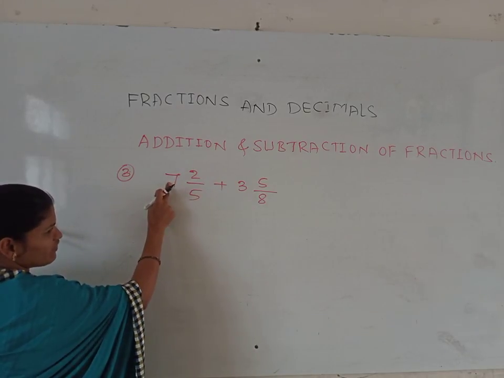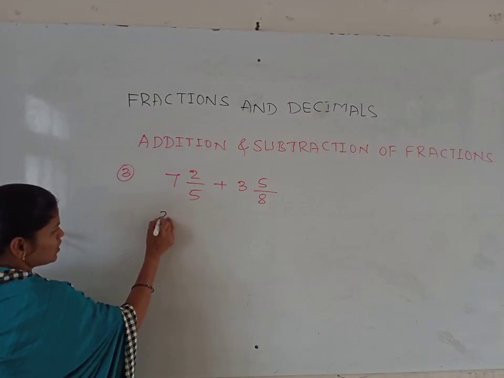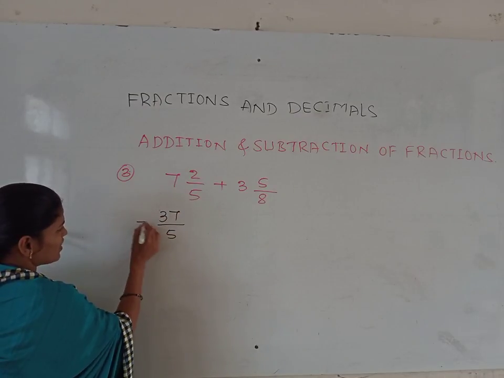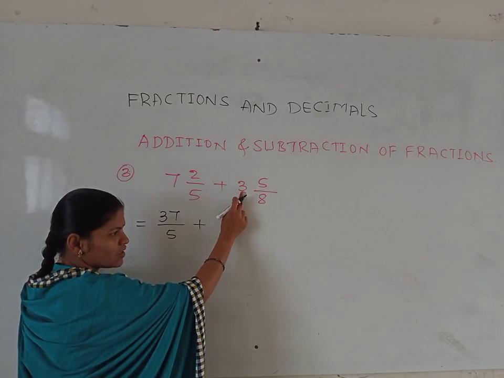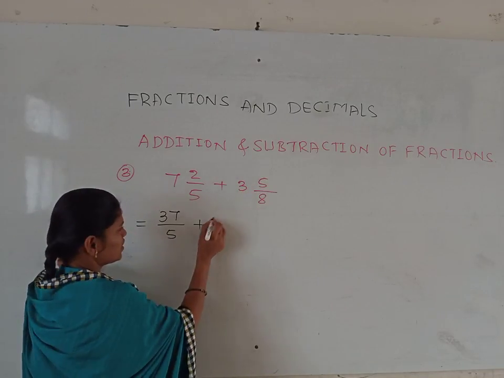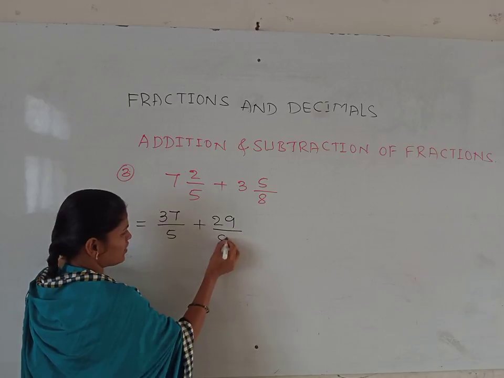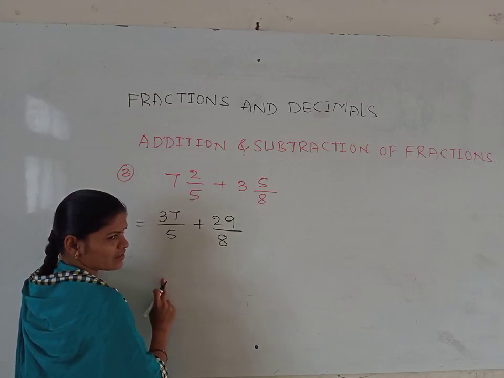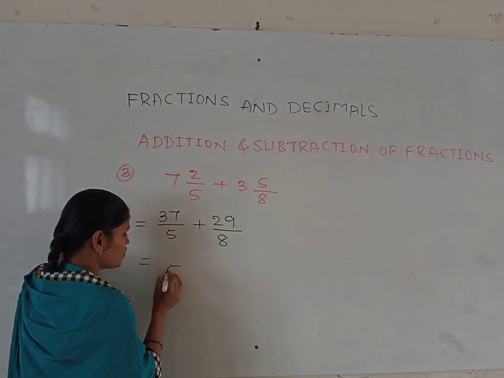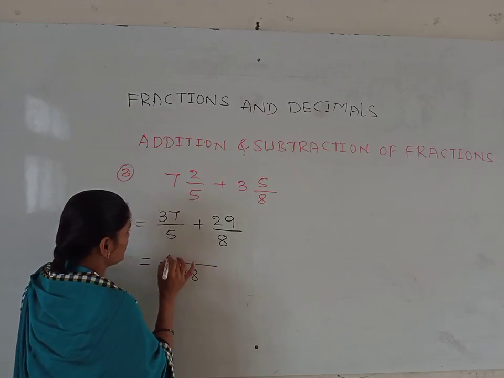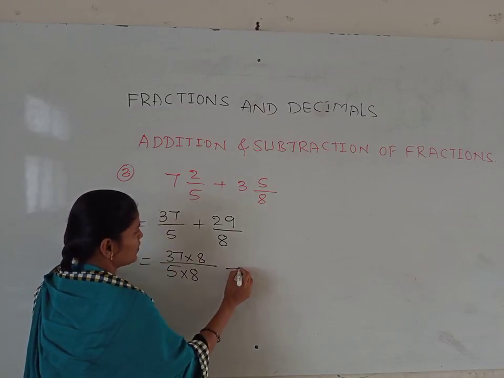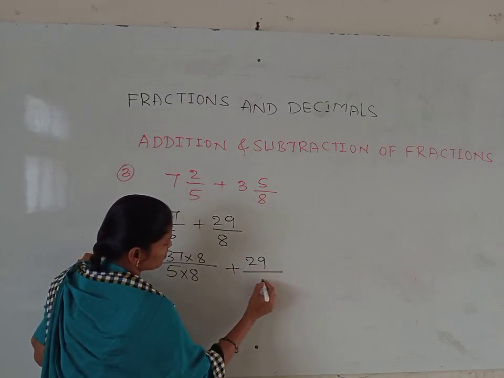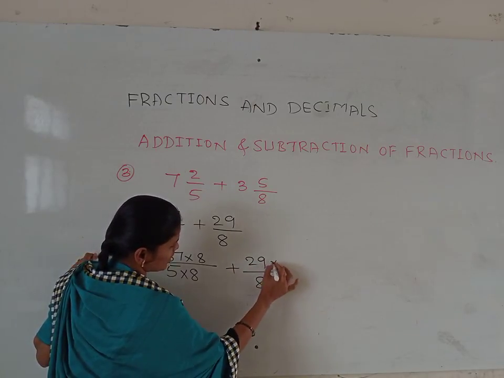5 sevens are 35 plus 2, 37 divided by 5, plus 8 threes are 24 plus 5, 29 divided by 8. What is the LCM of 5 and 8? 40. So 5 8s are 40, multiply and divide by 8 for the first, and 8 5s are 40 for the second.